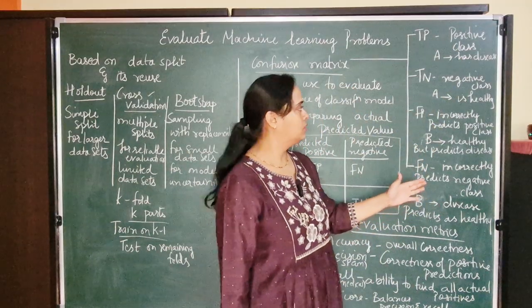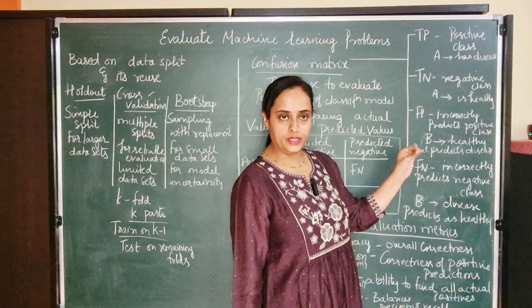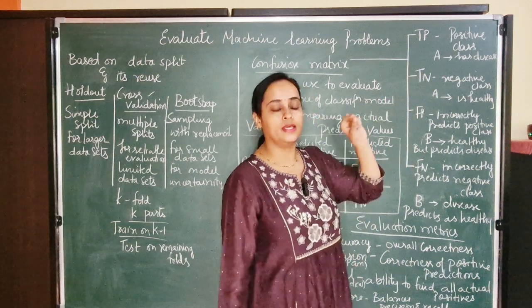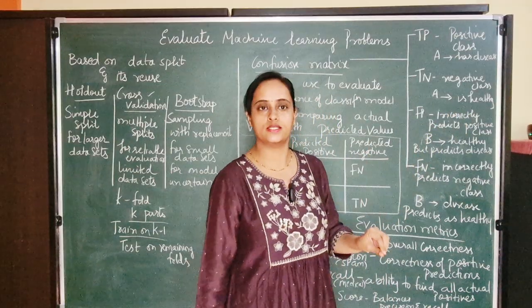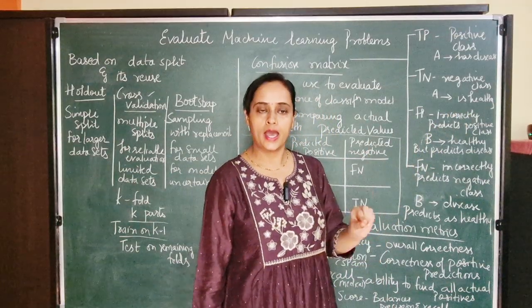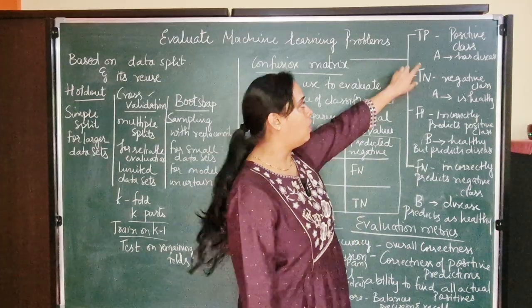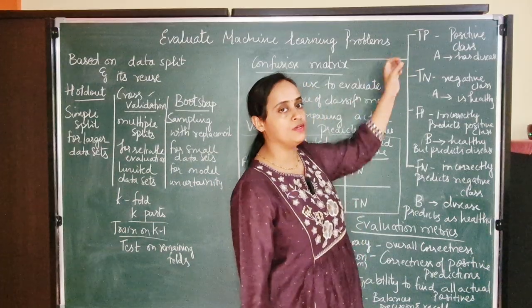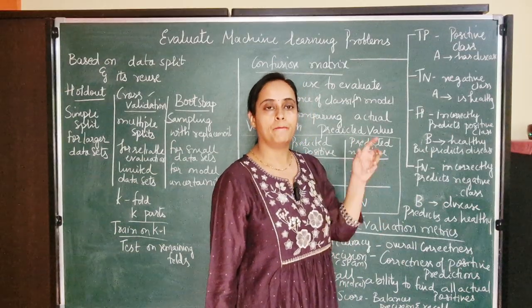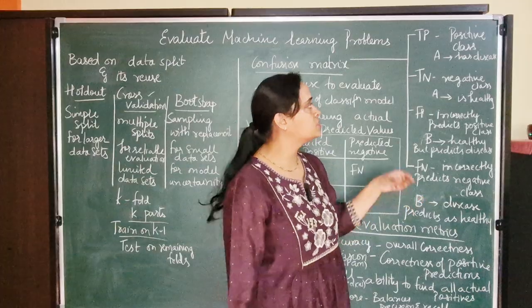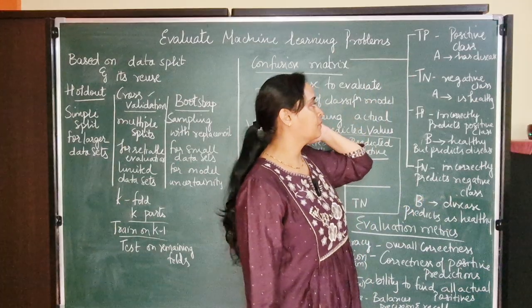That means, let's assume A is a person, and person A has the disease. He has the disease, hence the report is positive. TP, true positive, gives us the measure of the actual positive class. Person A actually has the disease and hence it is predicted.